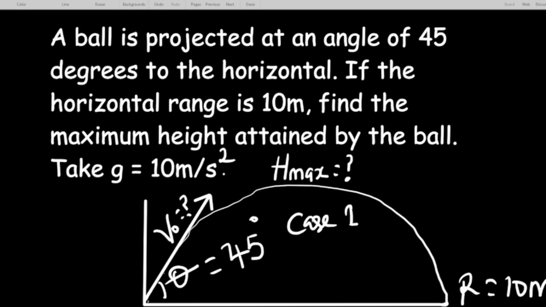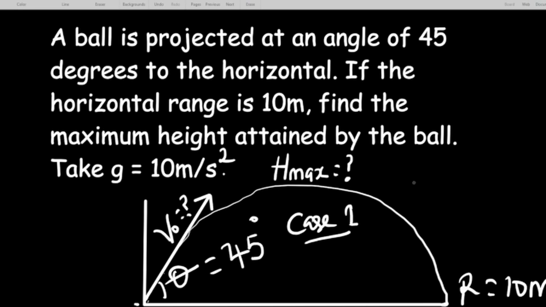Okay, so this is a case I love to call case 1, where the object is projected at some point and it also lands at the same point. For case 1, the ball or the projectile is not launched off a cliff. If it's launched off a cliff, the general formulas for case 1 do not apply.